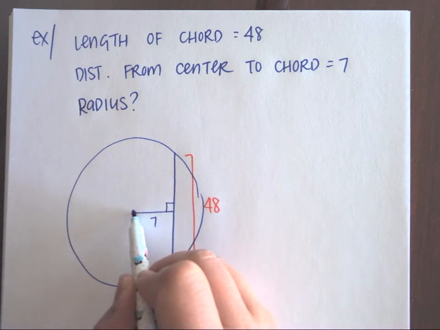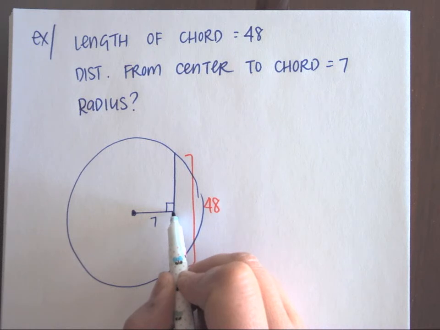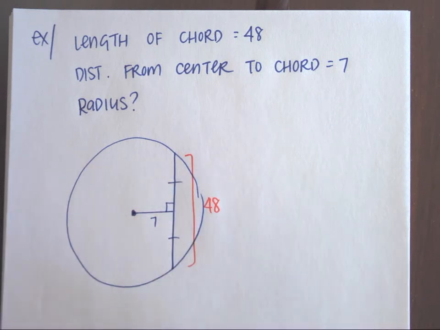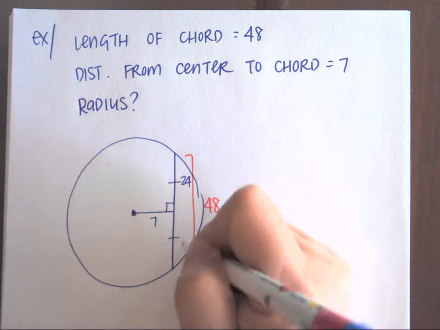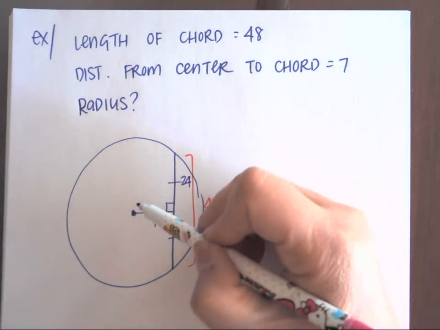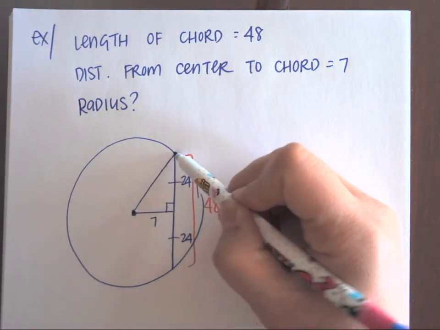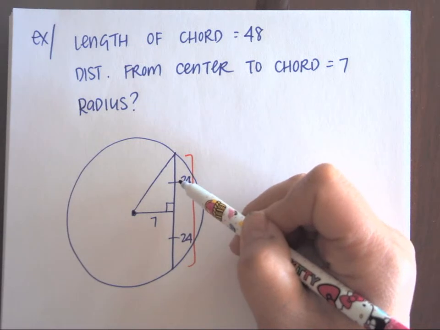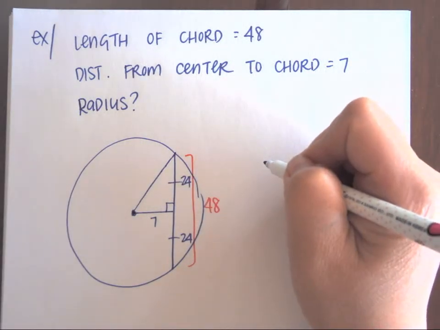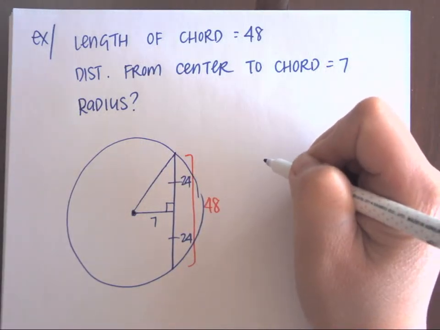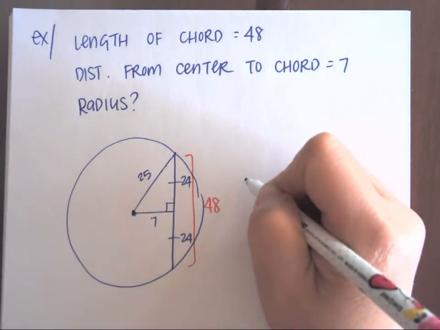A segment from the center, so the radius to a chord, perpendicular, that means I just bisected it. So this is 24 and 24. Find the radius. This is 7, 24. Oh, that's a triple. But if you didn't know that, you can use Pythagorean theorem and get 25.